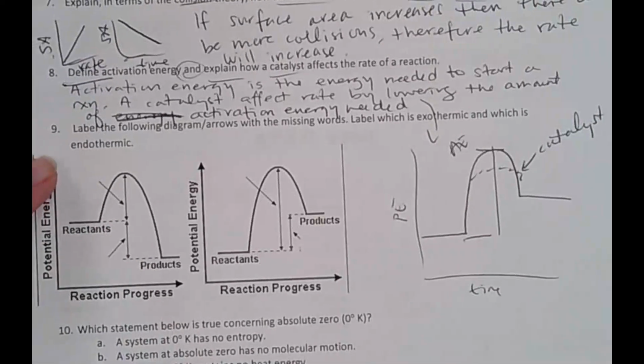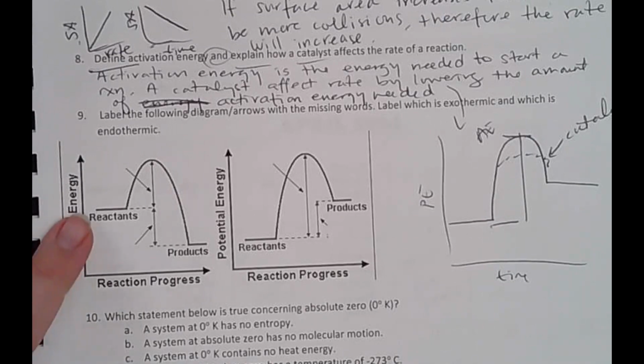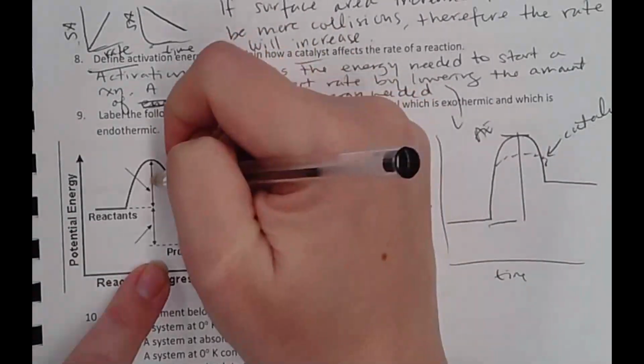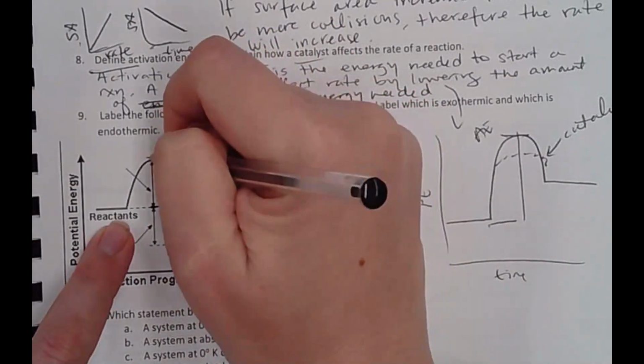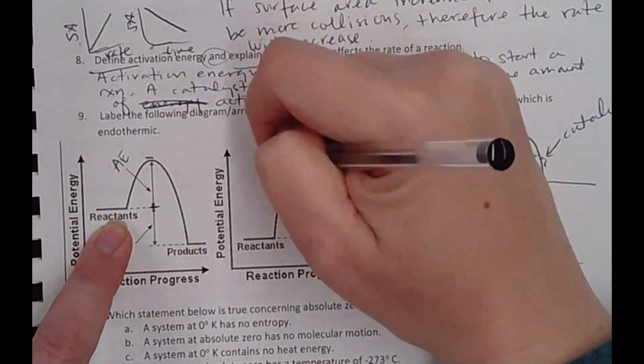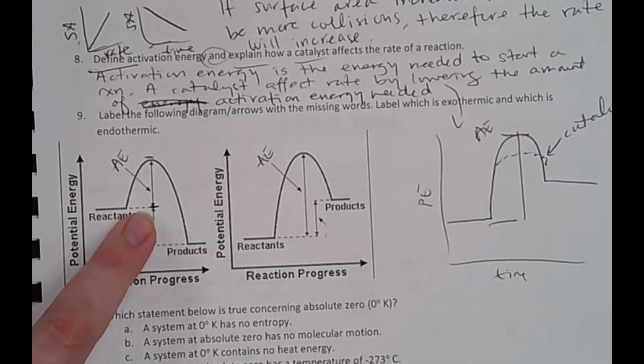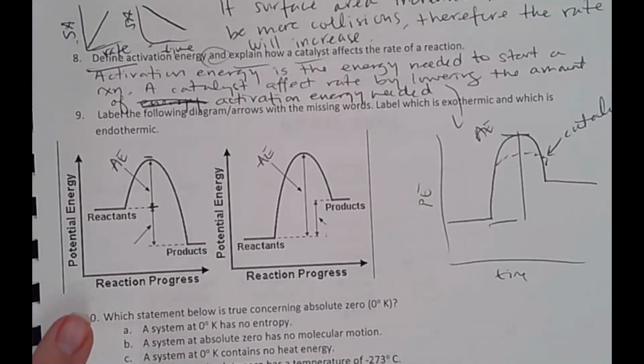Okay. Number 9 said label the following arrows with the missing words and label which one is exothermic and which is endothermic. So I've got my reactants and products. The amount from where it starts to the top of the curve is the activation energy in both of these, so the amount of energy necessary. The energy here, this is the amount of energy that is stored or released.